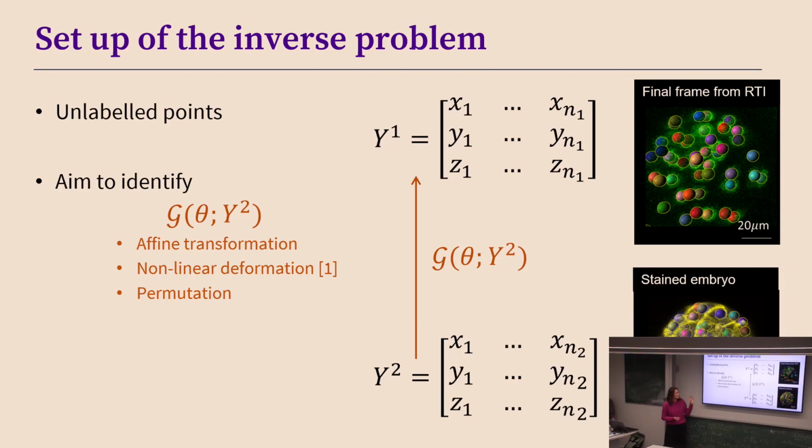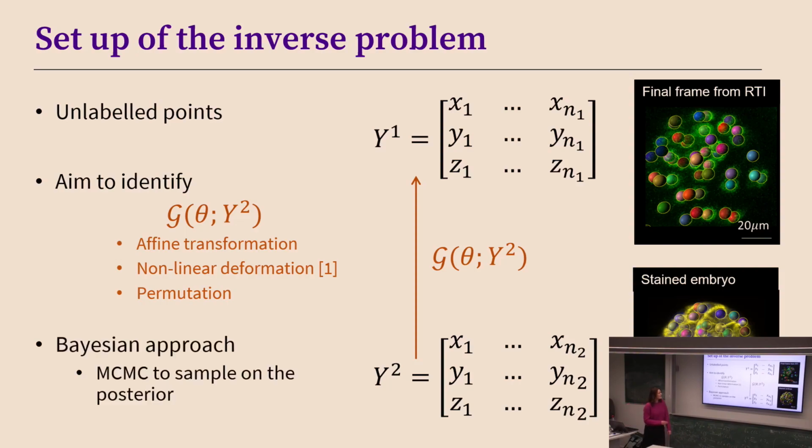And then we need to include within our transformation the permutation: what ordering of cells in Y2 is necessary in order to match with Y1. We wanted to formulate this in a Bayesian setting so that we get some kind of uncertainty on the cell matchings we identify and also the transformation we observe, because you can imagine that in some cases several transformations would provide equally good but a bit rubbish fits, and we want to be able to assess that and look at how they compare to each other.